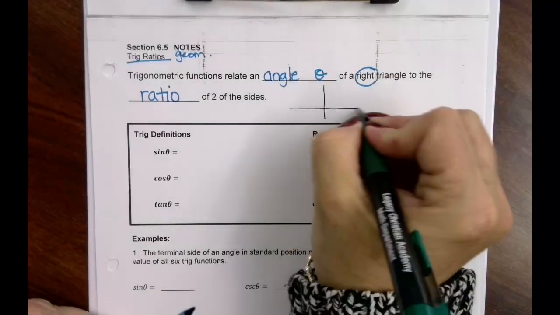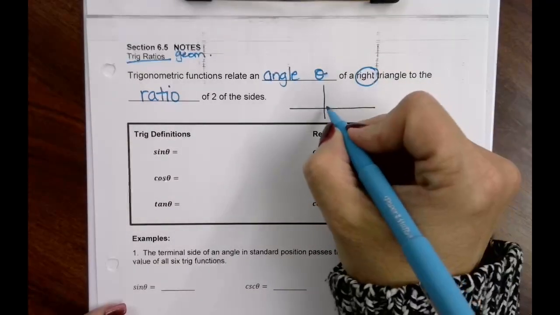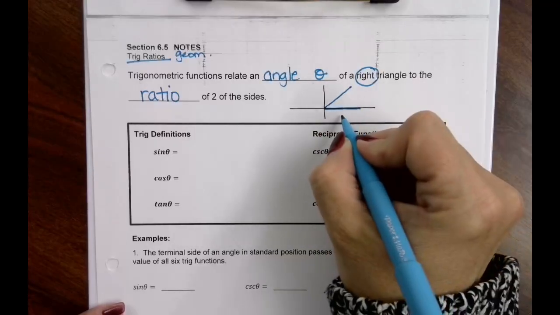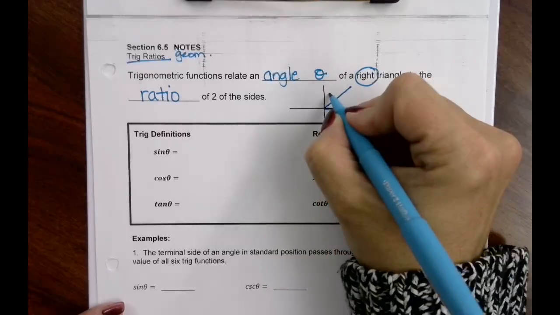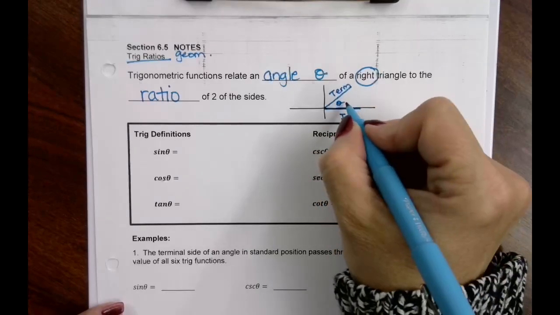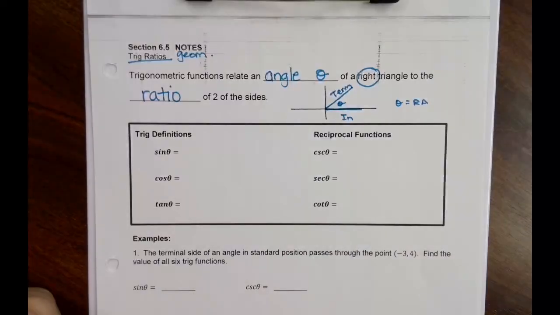If we look at just our coordinate plane, and I'll just put this in the first quadrant, if we have this angle in the first quadrant, we know that this is the initial side, this is the terminal side, and this angle theta is going to be my reference angle. Now, what I can do with this is turn this into a right triangle.